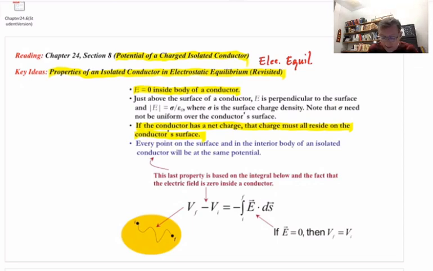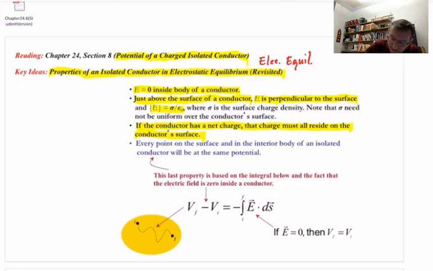All right, now, if we are at a surface of a conductor that has charge, then if you're at a point just above that surface, I mean just above, then there's going to be an electric field up there, because you're not in the body of the conductor, and that electric field must be perpendicular to the surface. It can have no component along the surface, and the magnitude of that electric field just above the surface is sigma over epsilon 0.